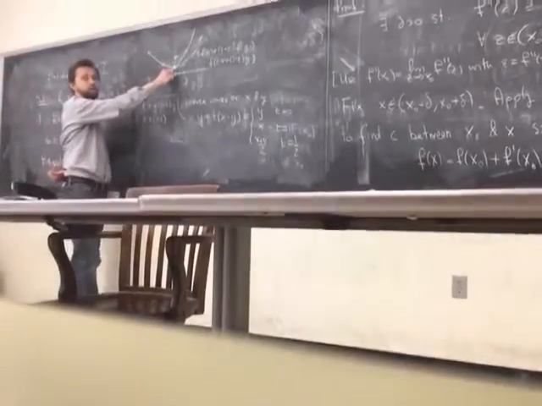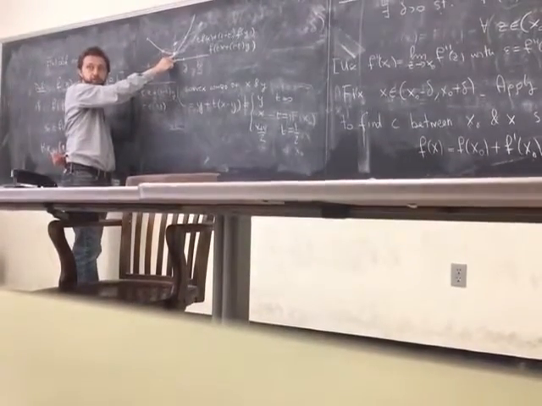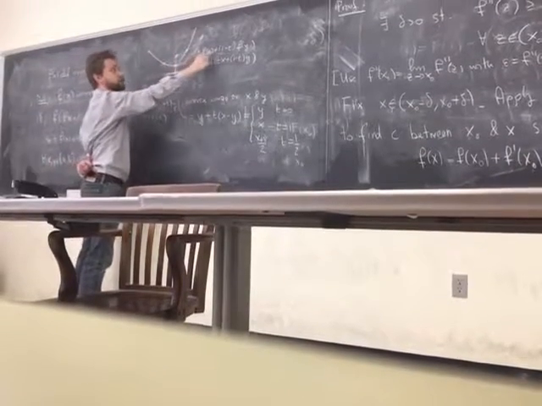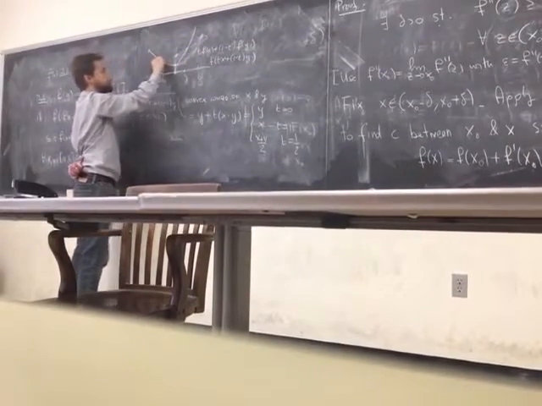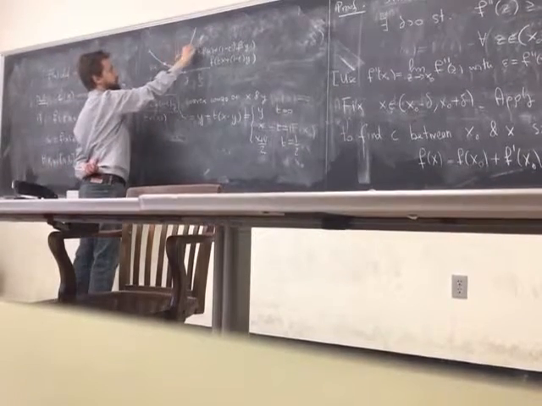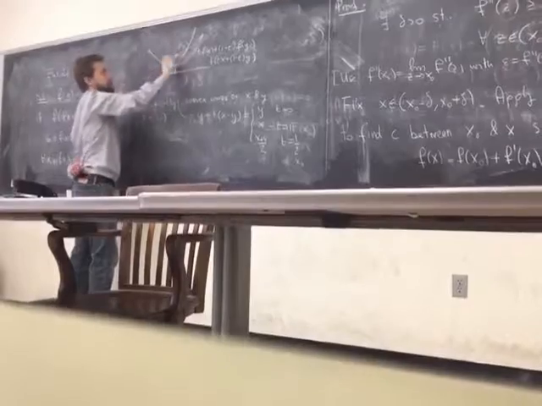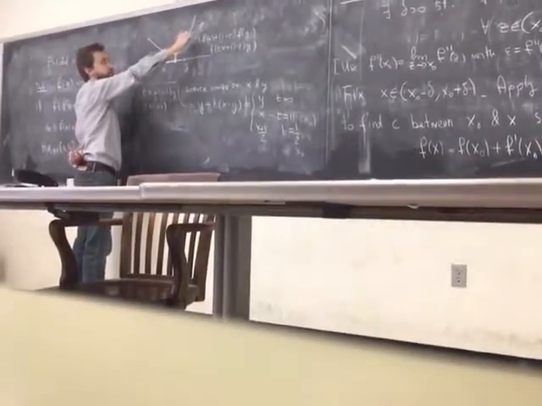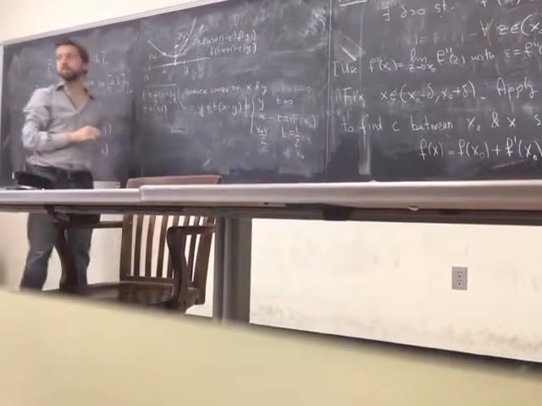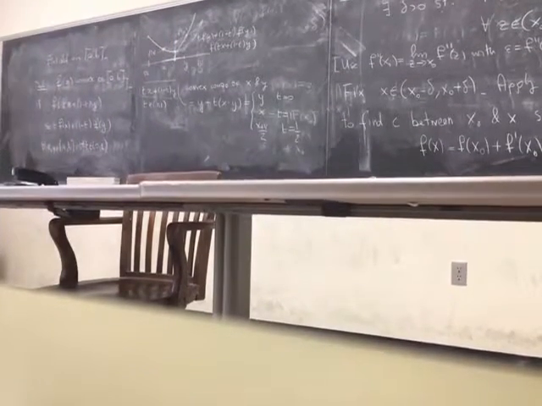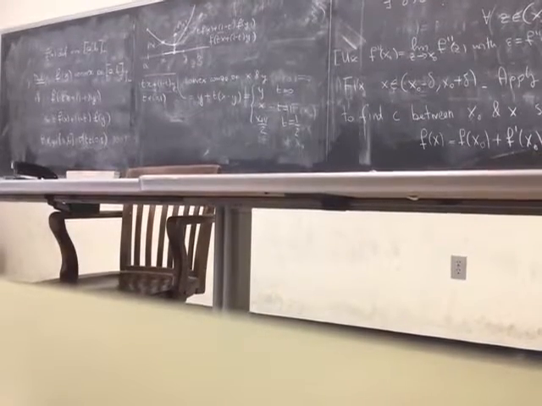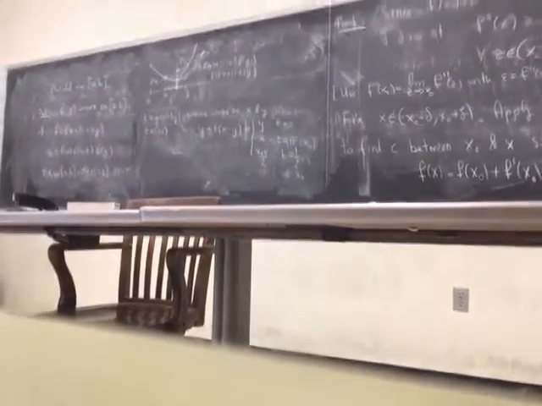That's the value you pick at the bottom point. The value up here is the convex combination of f of x and f of y, and you can compute it just by taking the line passing through them. That's the geometry of this thing.